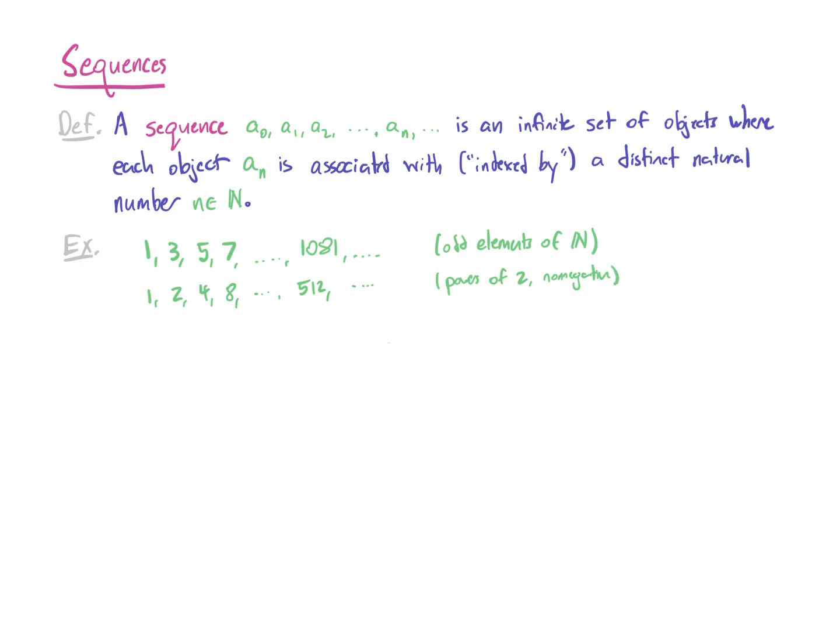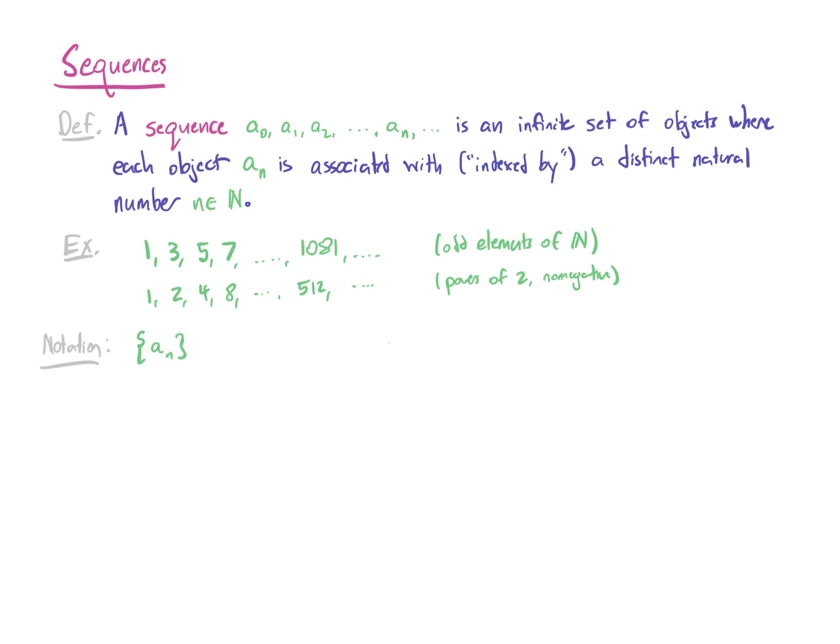So here are two sequences. A sequence is just a bunch of numbers that goes on forever. We have some notation for this. So the notation that we use for sequences is as follows. Notation. So instead of just writing out all these numbers or even using the dots, what we're going to do is write just a single element, a subscript n.